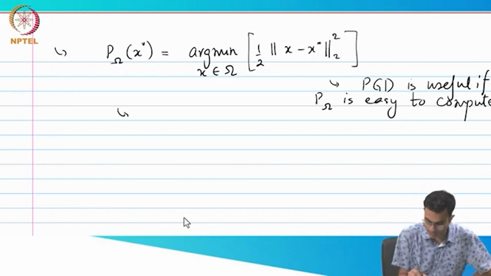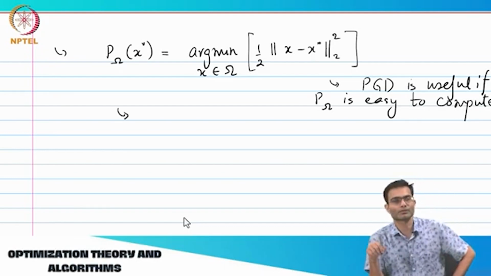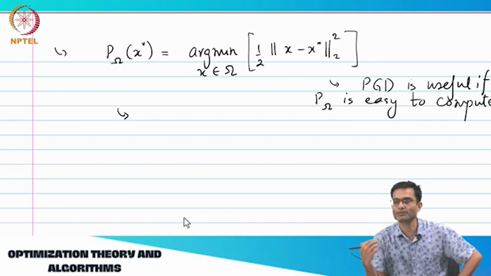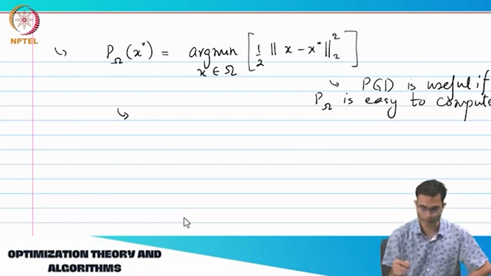There is another very nice property of this projection operation, which is a special case when omega is a convex set.